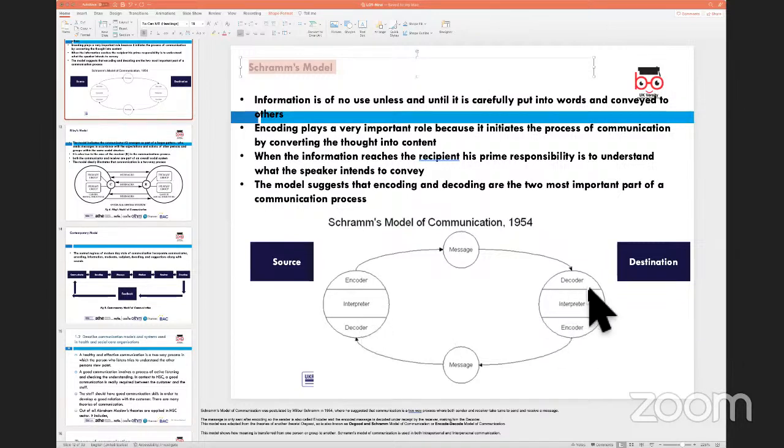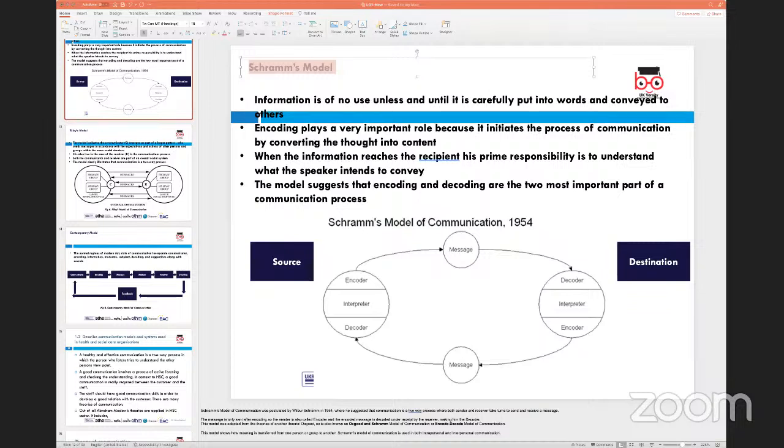And the same process is on the other side. And in between the 2, the messages are conveyed which are intended for mutual exchange of information. Now, when we talk about this model, this model emphasizes that the nature of communication is interactive.